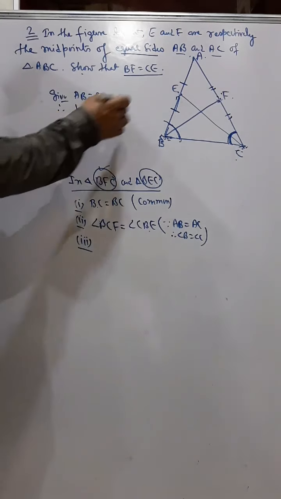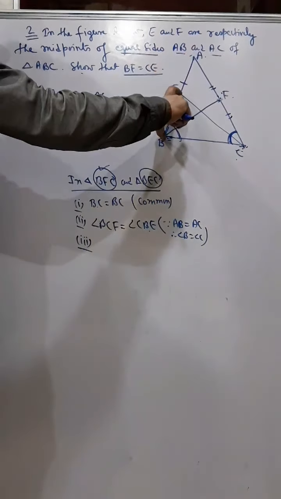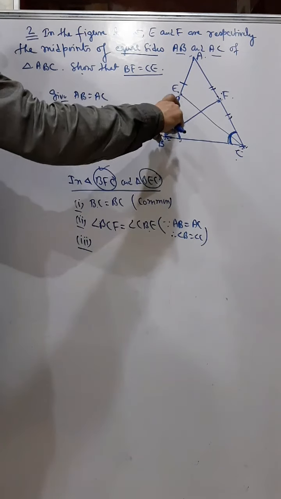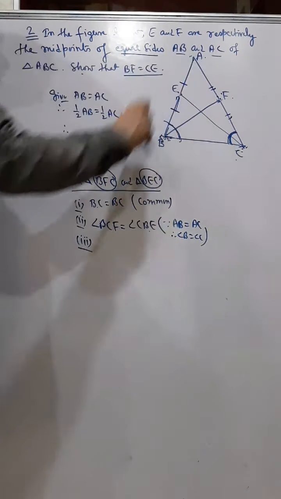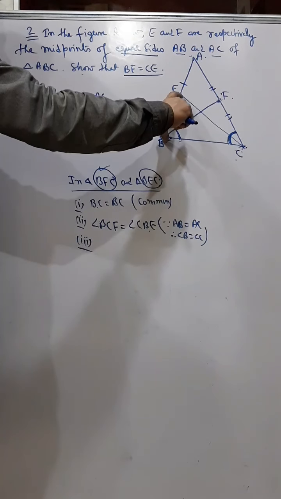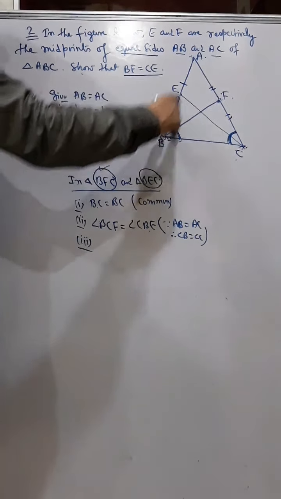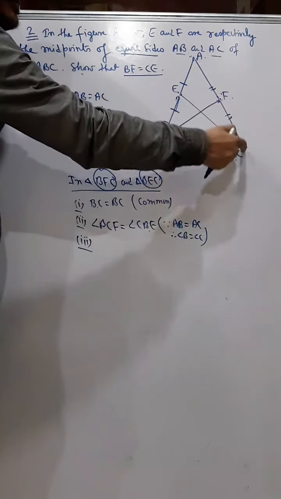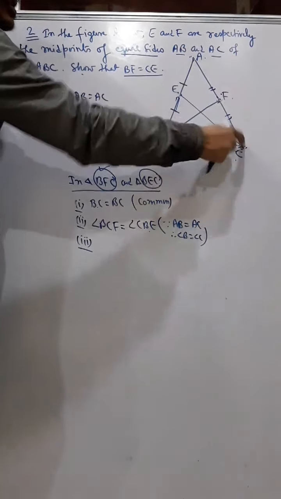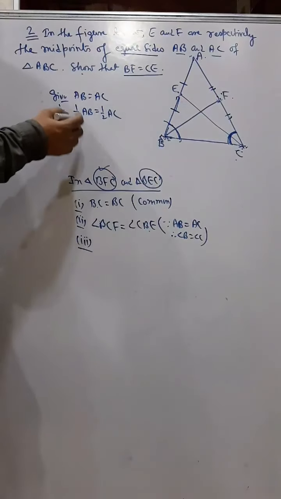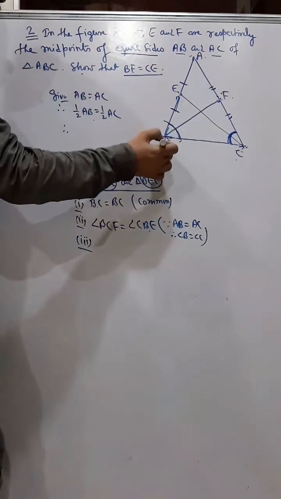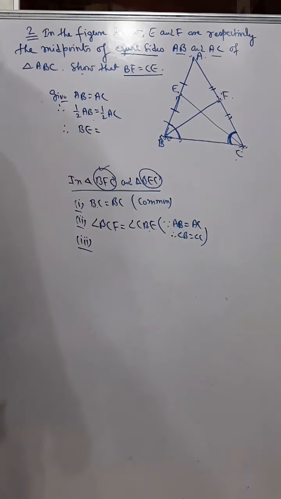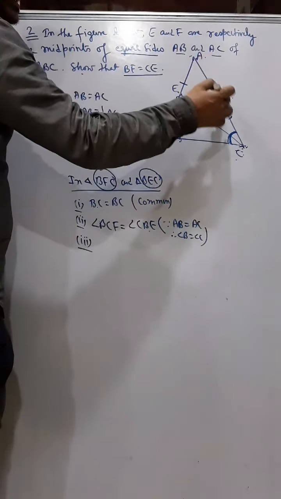Now try to understand, half of AB means EB. You know why? Because E is the midpoint. So E is the midpoint means BE equals AE. That means BE is half of AB and AE is also half of AB. Similarly, CF is half of AC and AF is also half of AC. So half of AB means BE and half of AC means CF.